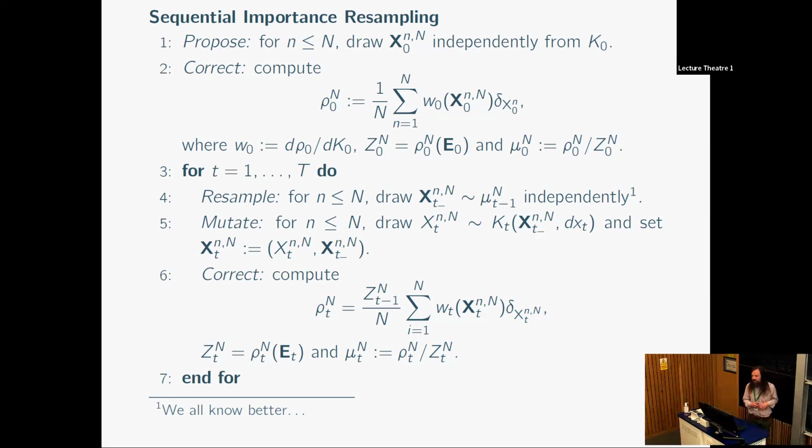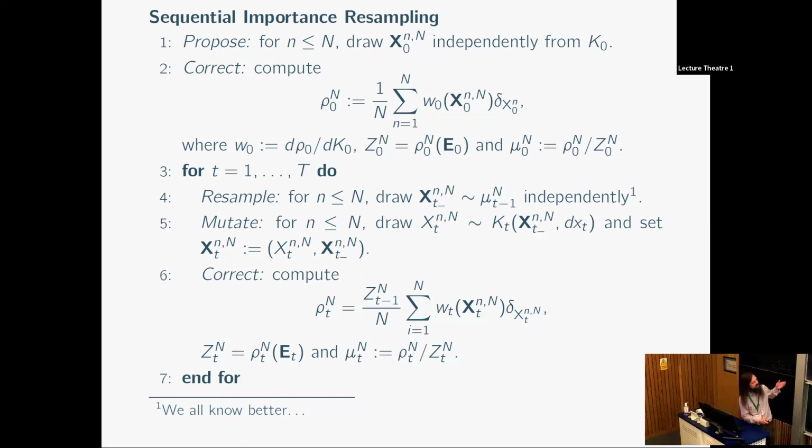So we'll stick to assuming we do things multinomially. Obviously, we don't in practice. And then there's some mutation, which I will view as drawing an extra variable from the conditional law and concatenating it with what you've got, to obtain this unnormalized measure. So the normalizing constant there maintains this sort of path space.